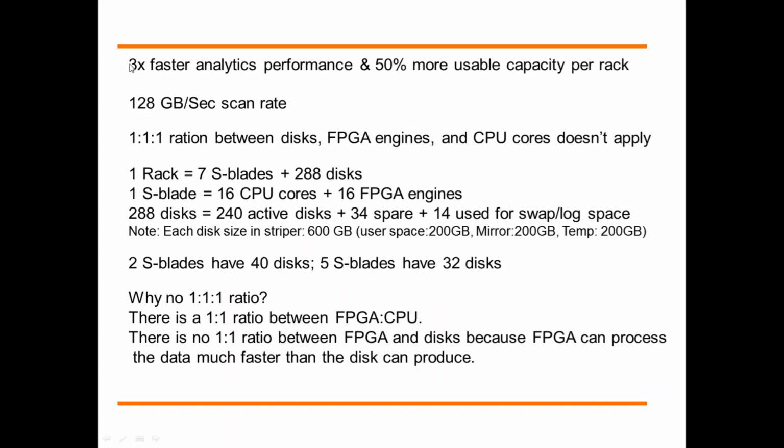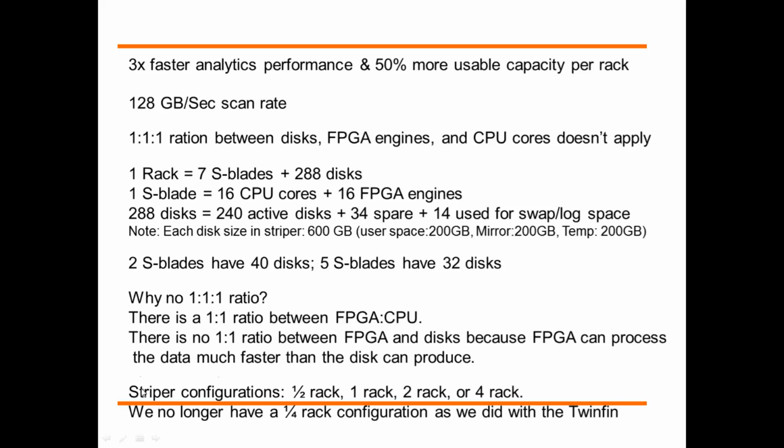So Striper is about 3 times faster than TwinFin. So there is no 1:1:1 ratio in Striper.